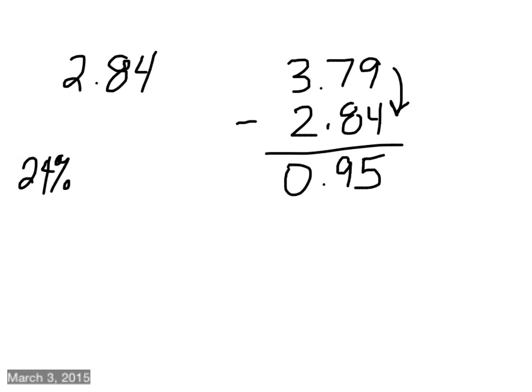Then, I got to take 24% times the selling price, which is 3.79. So you need to take 0.24 times 3.79. If I remember right, from yesterday when we did this problem, I think it was 91 cents, but you guys can double check my math on that.